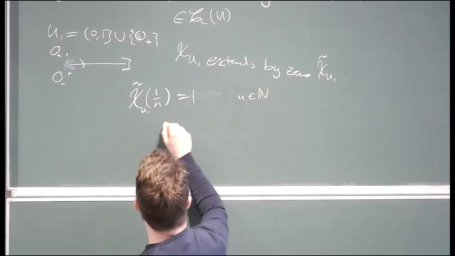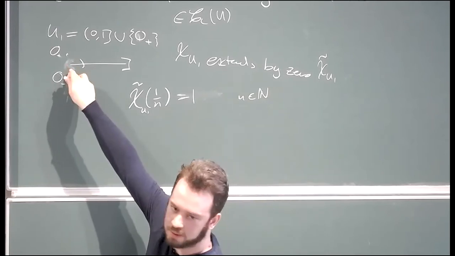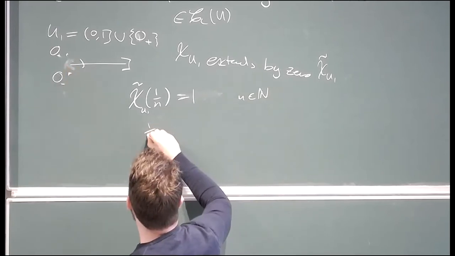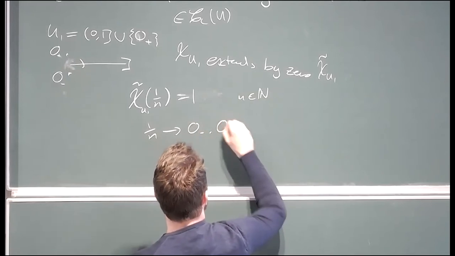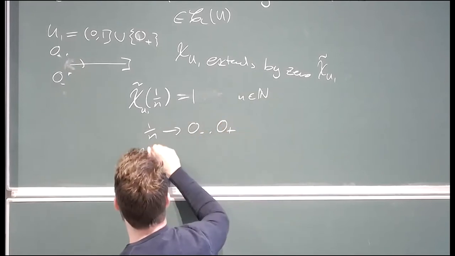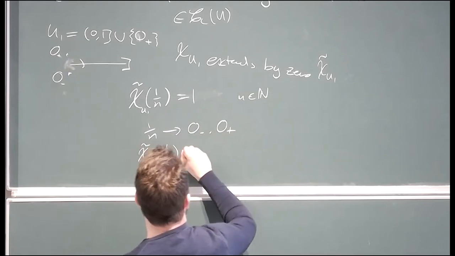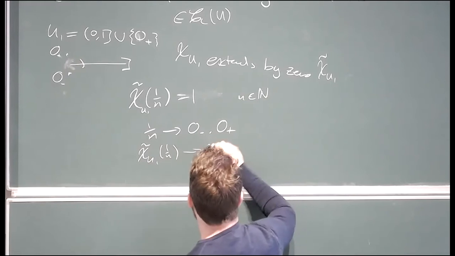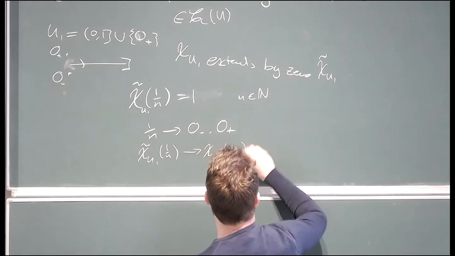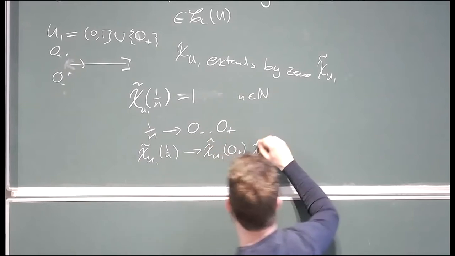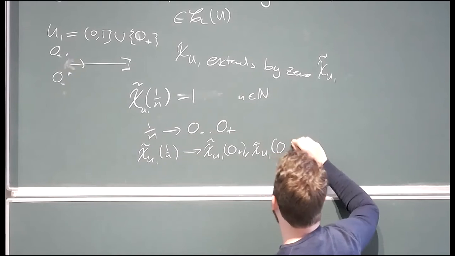But this sequence 1 on n approaches 0 minus as well as 0 plus. So we should have that chi U1 tilde should approach both chi U1 of 0 plus, but also chi U1 tilde of 0 minus.